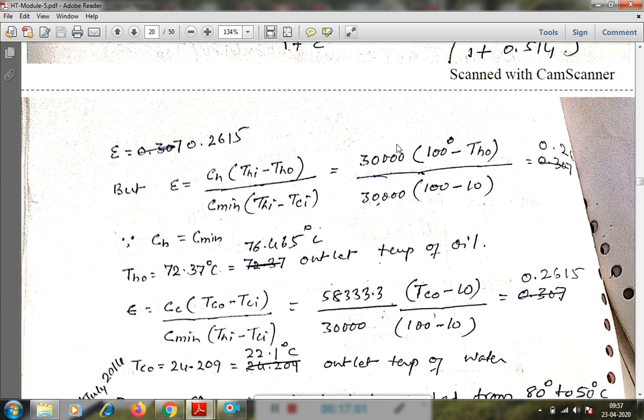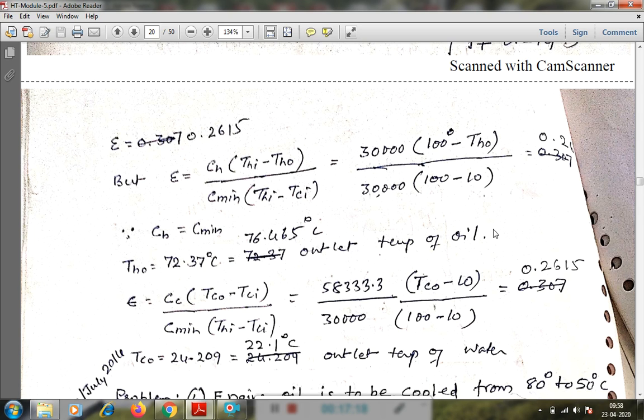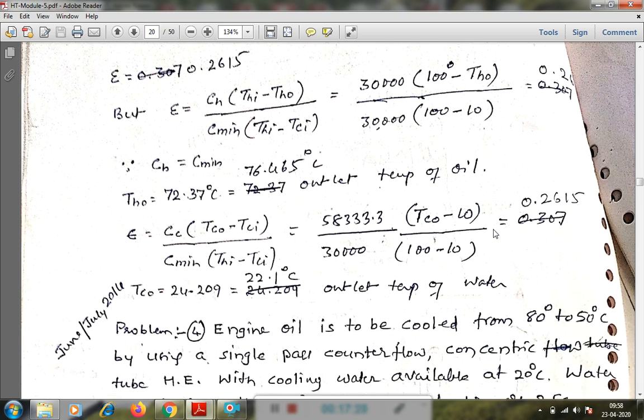All the terms we know, only TH naught we don't know, so we can find it. TH naught is 76.465 degrees Celsius, the outlet temperature of the oil.